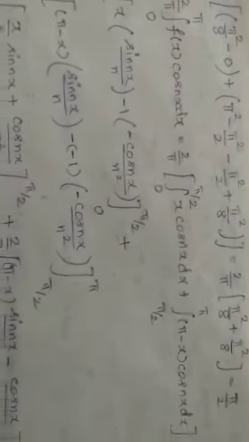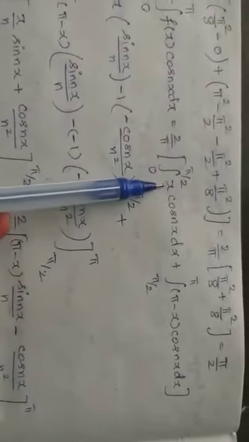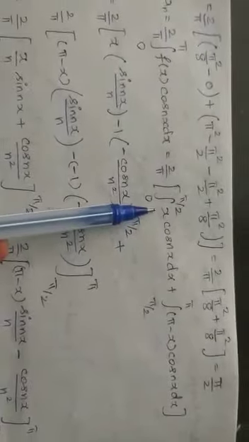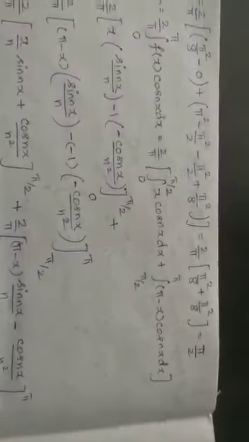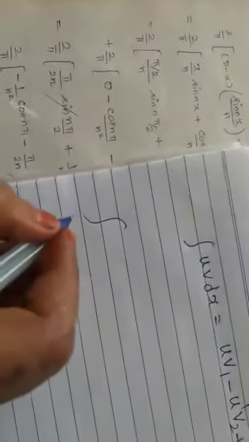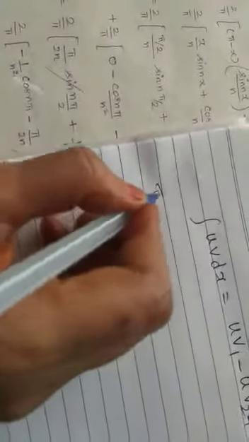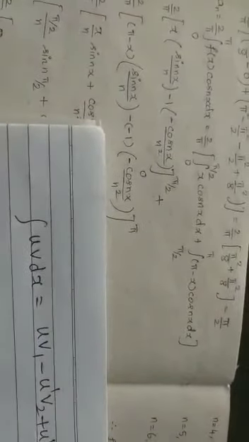Now looking into the first integration, integral uv dx, first I am going to apply this for the first integration, integral 0 to pi by 2 x cos nx dx.